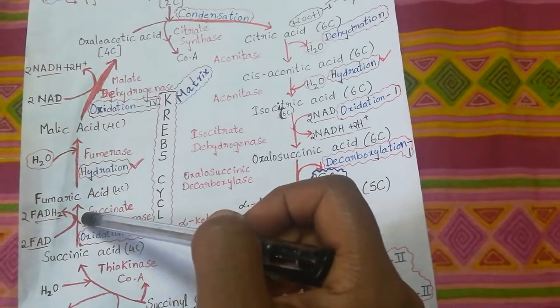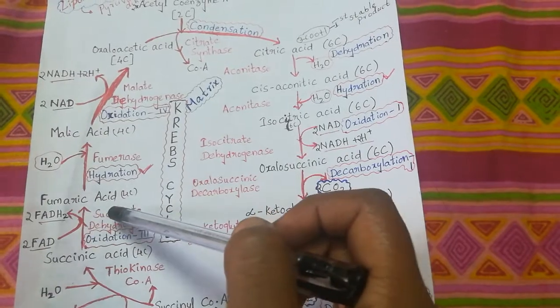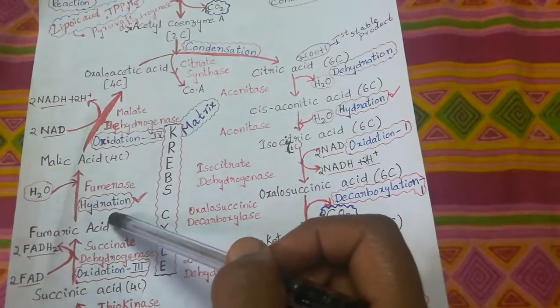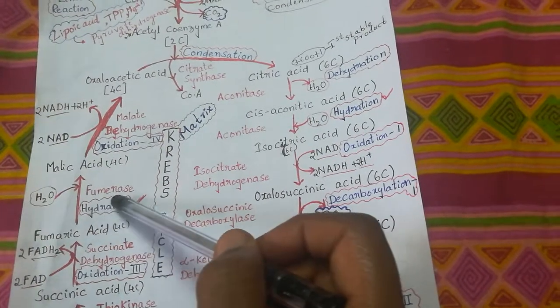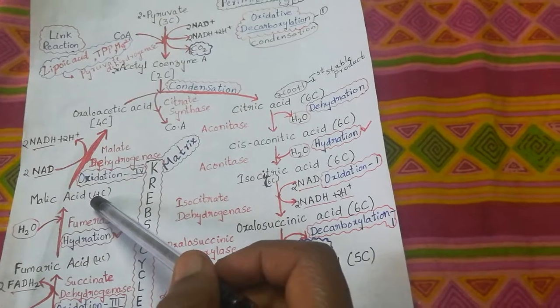Next, the product formed in this oxidation reaction is fumaric acid, a 4 carbon compound, and this further undergoes hydration in the presence of enzyme fumarase to form malic acid, a 4 carbon compound.